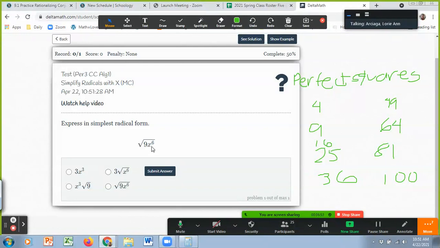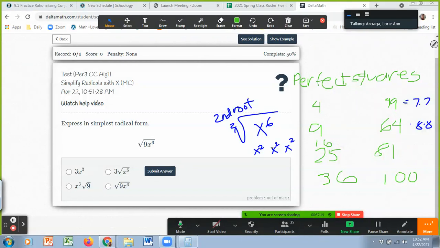Now, the x to the 6, how do you do the x to the 6? If you have x to the 6 and you want to get the square root, square root means second root. They go in pairs, 7 times 7, 8 times 8. So how many pairs can it make? 1, 2, 3 pairs, right?